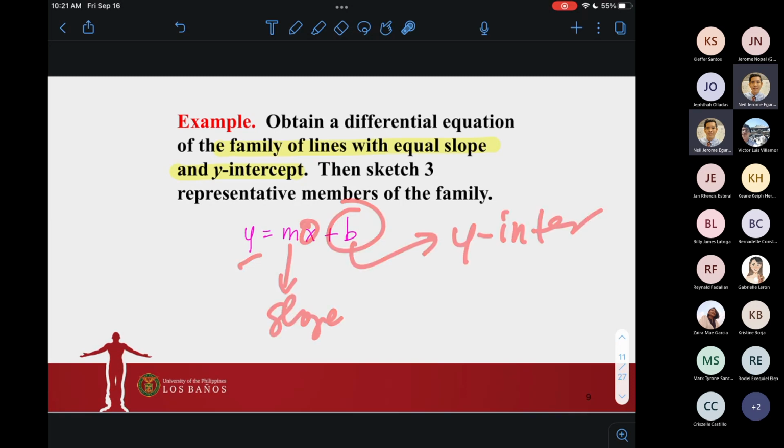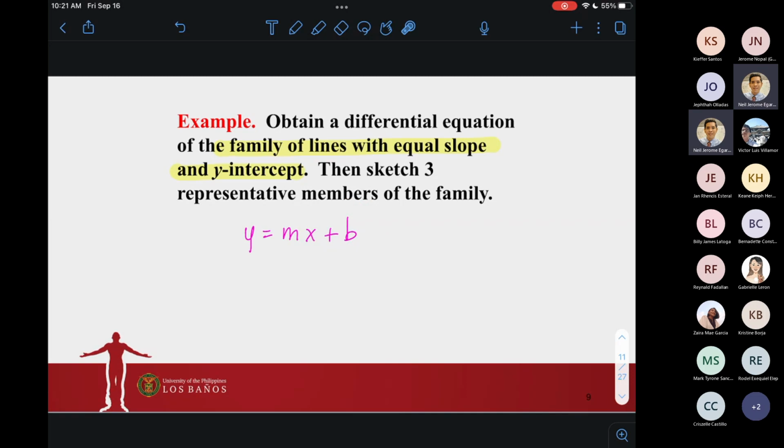That's right. Pero ang sabi rito, dapat daw magkaroon tayo ng family na equal yung slope at saka yung y-intercept. Without this condition, yung y equals mx plus b, it's a two-parameter family, kasi unang parameter mo yung slope, pangalawang parameter mo yung y-intercept. Pero in this particular problem, yung slope at saka yung y-intercept dapat equal sa isa't isa.